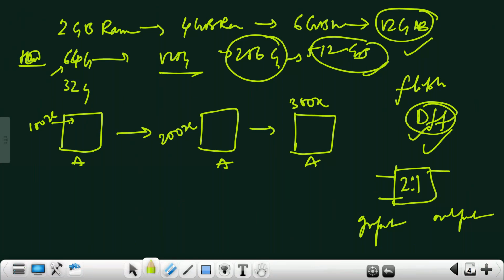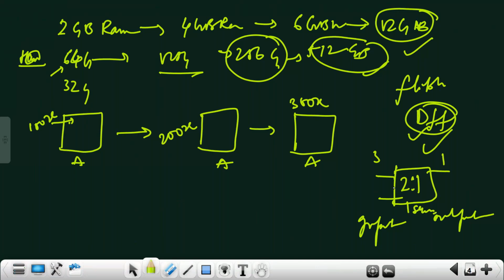Have you read it or not? Yes, that is correct. So it is not two inputs and one output. In total there are three inputs, right? And one output. One of them is the select line.